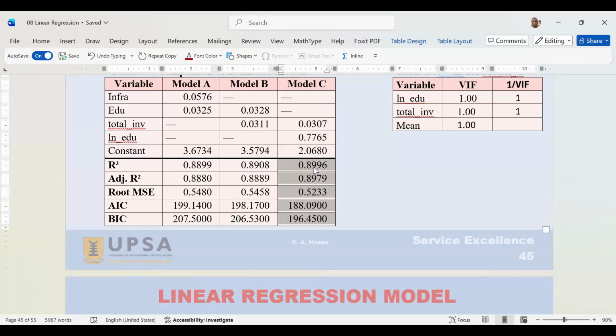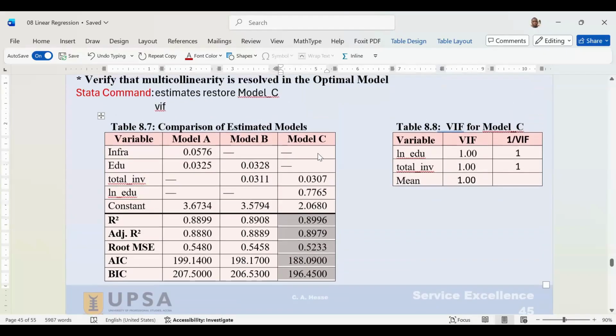Usually when AIC is high, Bayesian is also high; when it's low, this one is also low. So those two are more reliable in doing comparative analysis than the R squared and the root mean squared error. But it's very rare to have it that way. In most cases, they all give the same results and point to one model as the optimal.